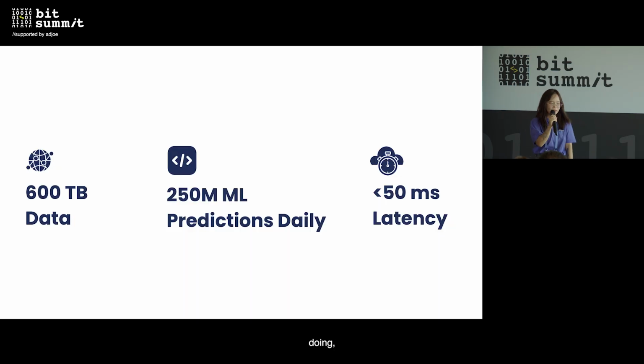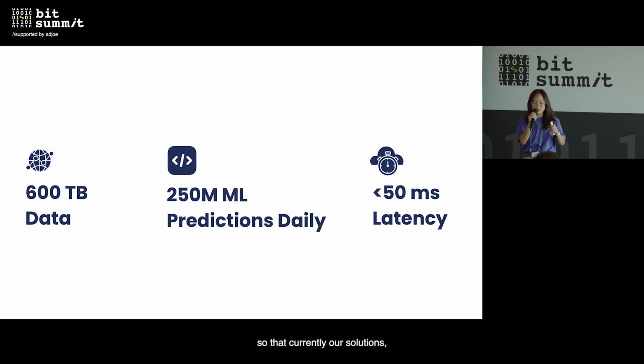Also, we are working in large-scale systems. Our in-house data has 600 terabytes of data to fuel our machine learning models, as well as for analytics purposes. Our machine learning models make around 250 million predictions on a daily basis. And because we are working in a very fast-paced environment, the solutions need to be really fast.